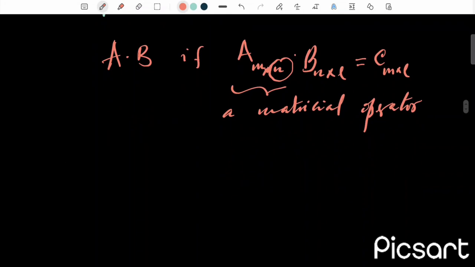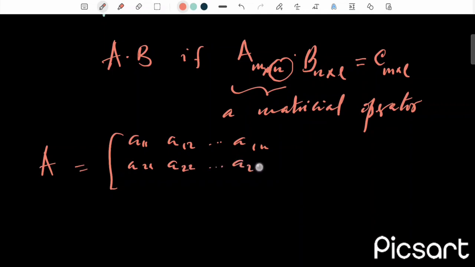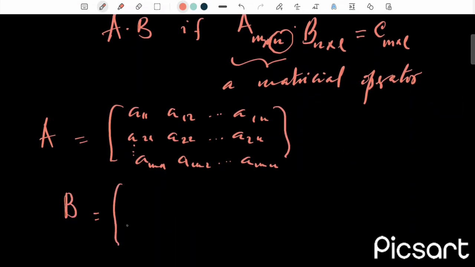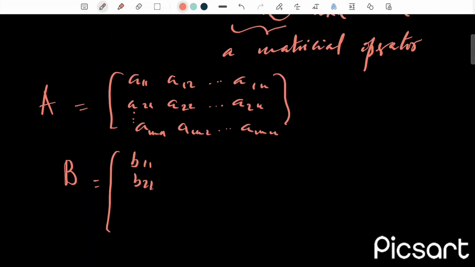For example, if we have A, right-hand, as A11, A12 until A1N, here A21, A22 until A2N, go on until AM1, AM2 until AMN, and we have, for example, the column matrix, which is B11, B21, go on as we say here. We have, for example, BN1.